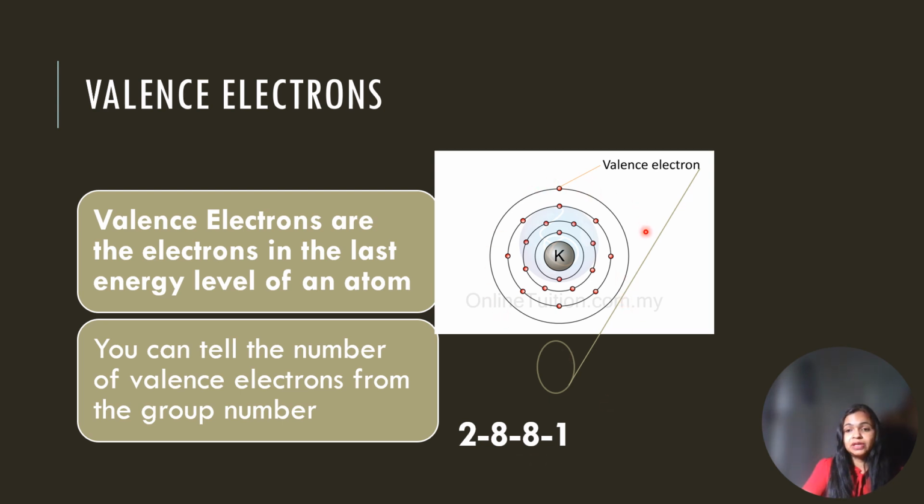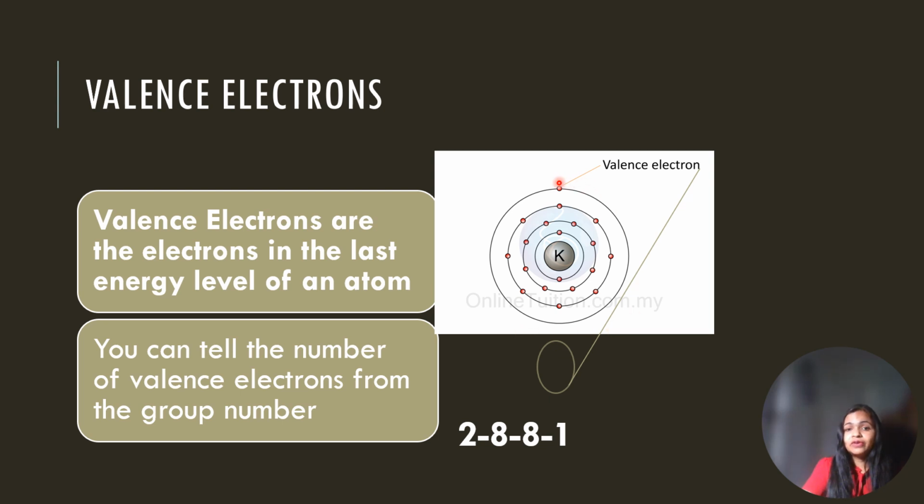Two things are very important when we are using Niels Bohr's model of an atom. It's important for us to know the maximum capacity of each energy level to hold electrons. The first energy level can hold only up to 2 electrons, then 8, then the following 8, and the last 1 electron goes in the outermost shell.